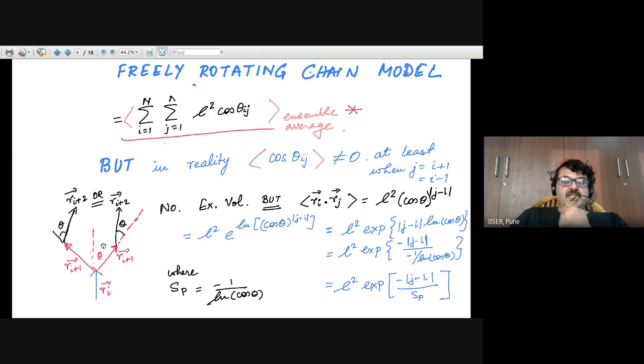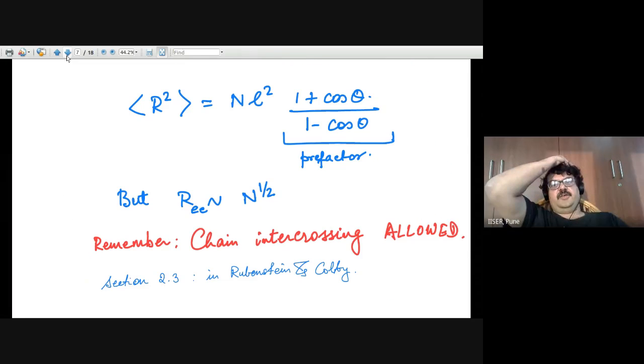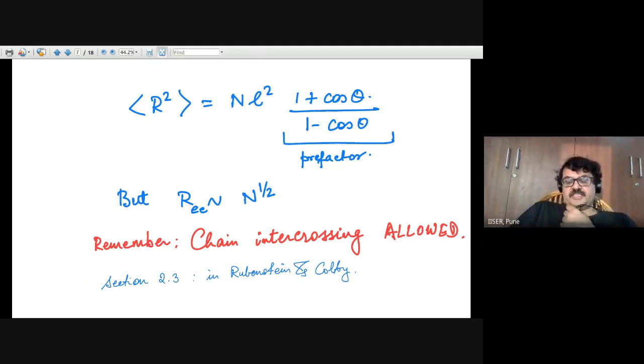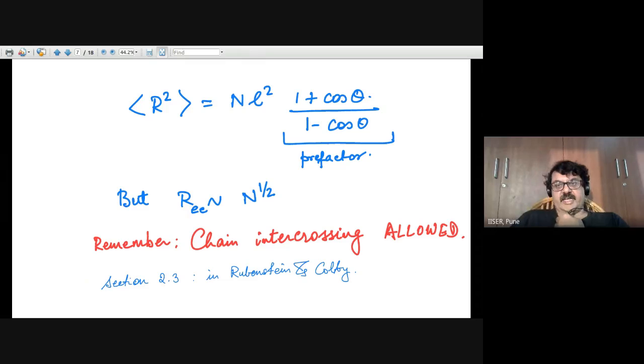In the ideal chain, this theta could take all possible directions, but now there is a limitation. Theta is fixed for the freely rotating chain. Now remember, when theta is less than 90 degrees, you're looking at small deviations away from the straight line, so theta is relatively small. Then this is something which is greater than 1.